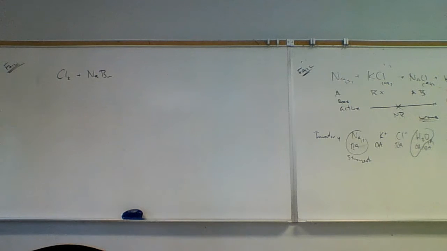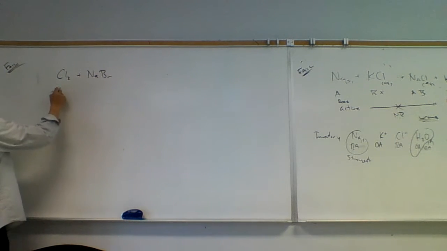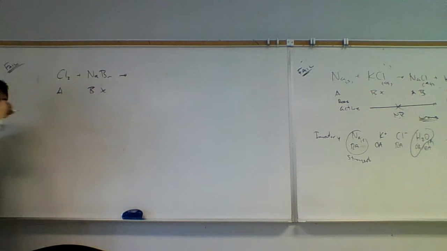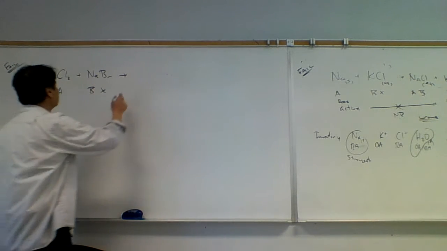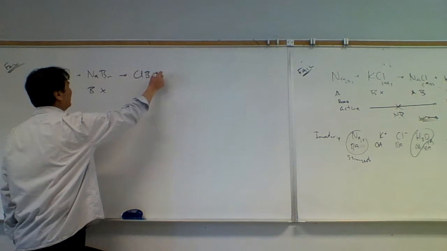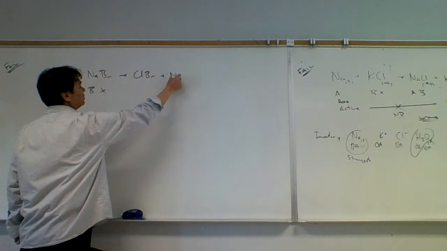Do chlorine plus sodium bromide here. This is going to be A, my element A plus BX. This is going to yield what? X plus B, which is going to be chlorine bromide and sodium.